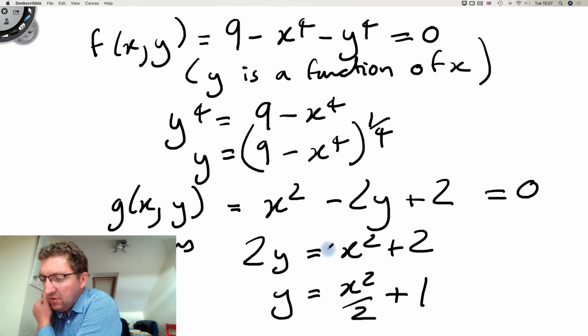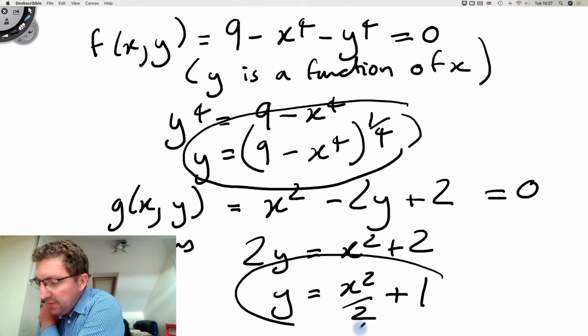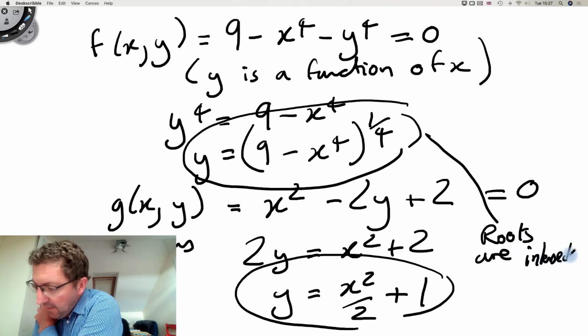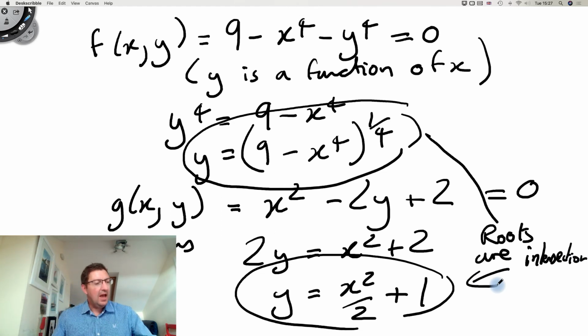So what we have is two equations here, and when they intersect, the roots are the intersection of those two curves. And what I showed you last time was a MATLAB plot, and it's in the lecture notes.